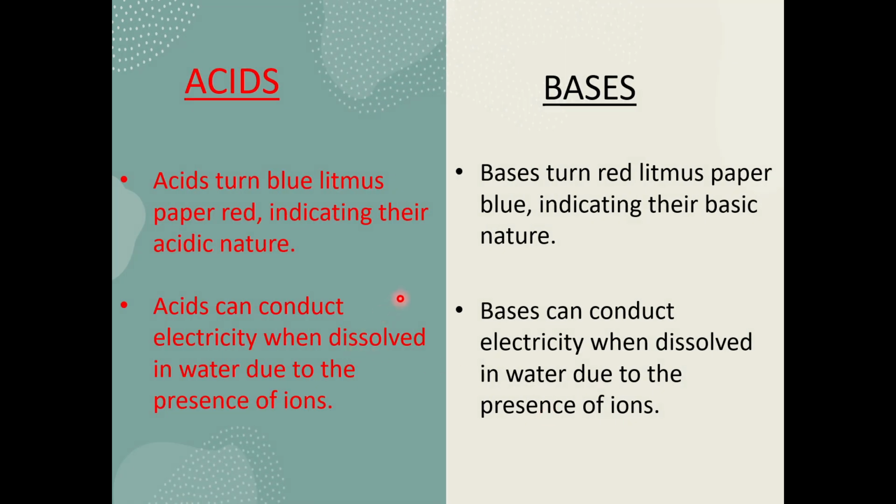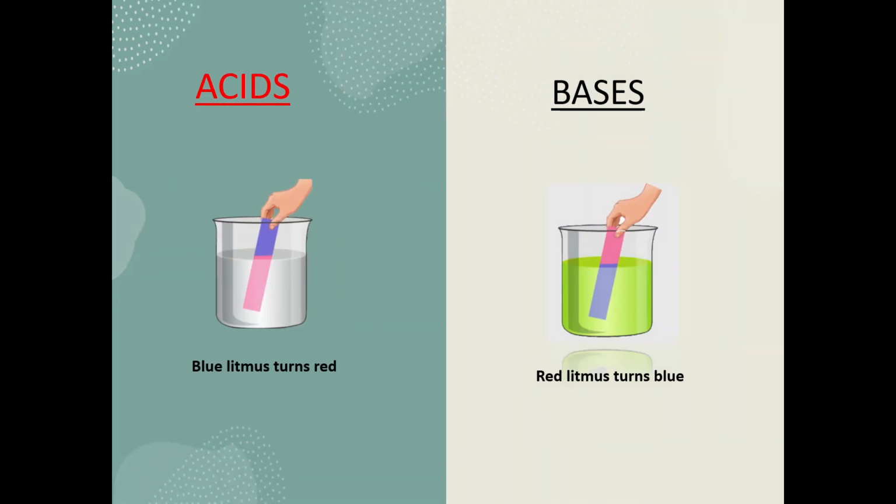Now another property of acid is that acid turns blue litmus paper red, indicating their acid nature. Now just see, this is blue litmus paper. When you put this blue litmus paper into acid solution, it will turn red.